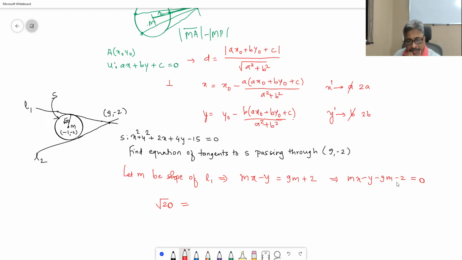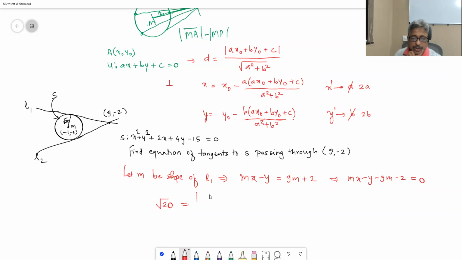Correct? Yes. mx minus y, I put x is equal to 9, I get 9m, I put y is equal to -2, I get 2. So this is the equation of the line that I am looking for in terms of m. I take RHS to LHS, I get mx minus y minus 9m minus 2 is equal to 0.